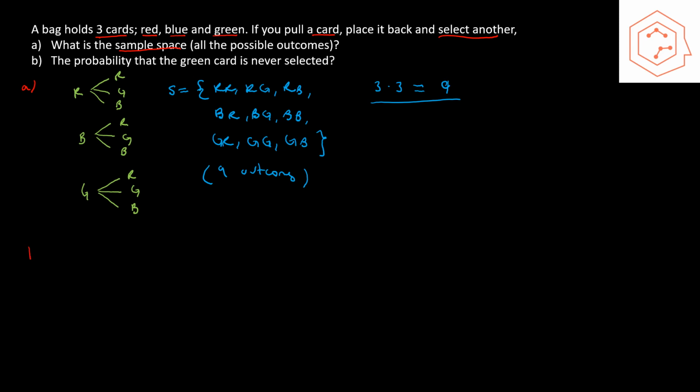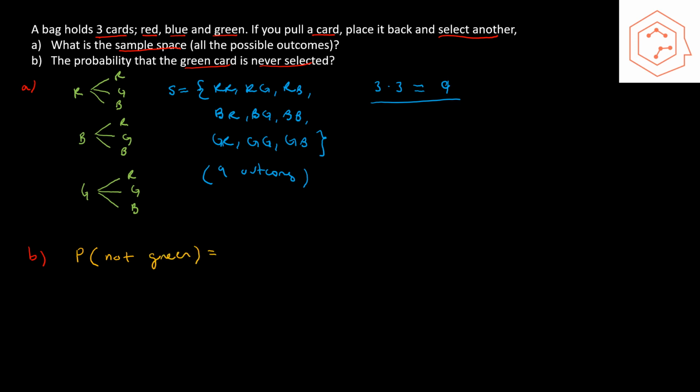Now for part B, we're asked to find the probability that the green card is never selected. So the probability that we do not have green. So P of not green.